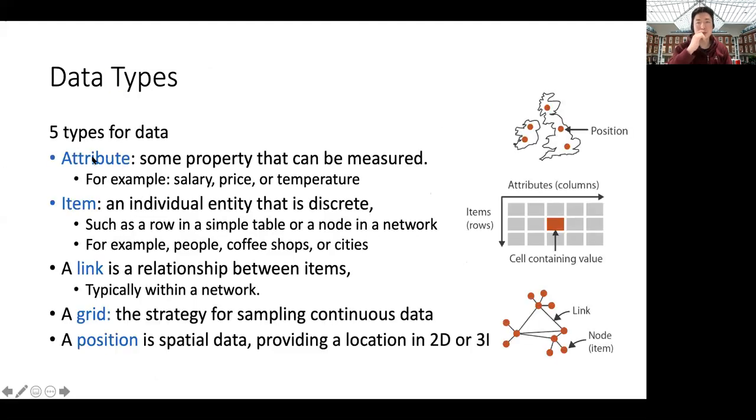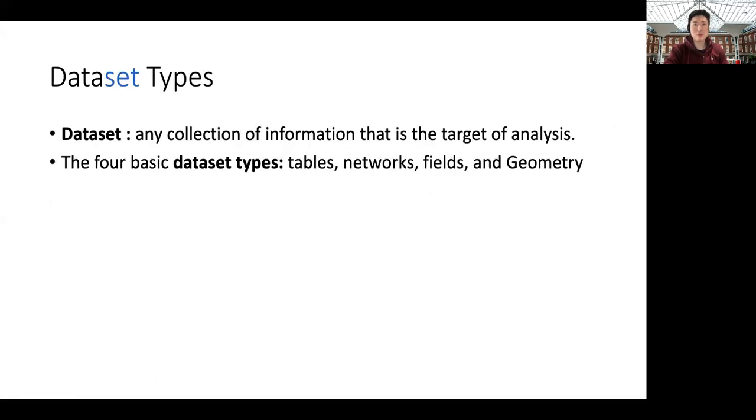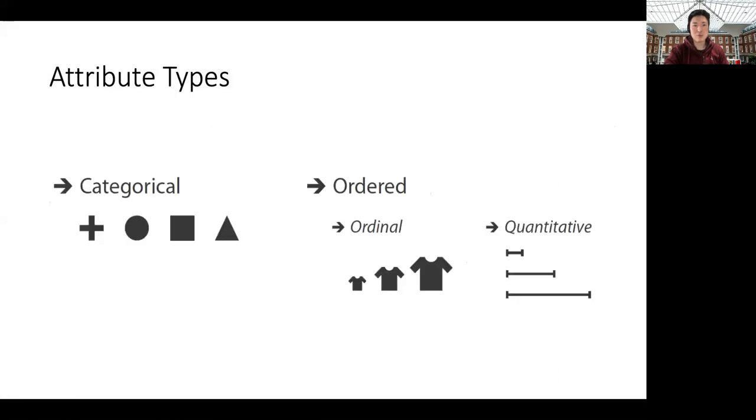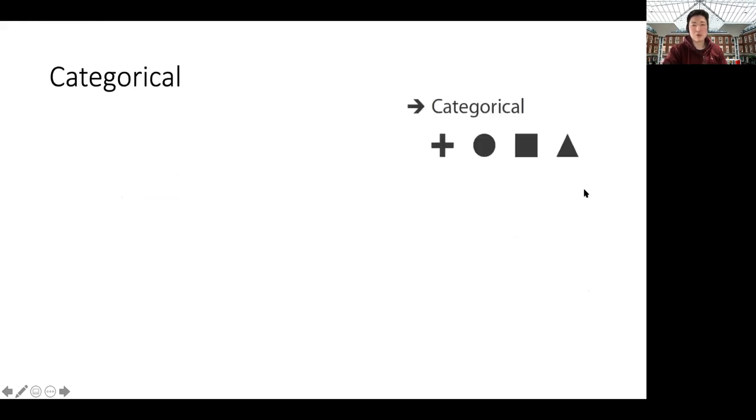Think of, say, the price of a product or the name of a product. These are the attributes. And attribute itself can have different types because it's very important. So it gets treated differently and you have different attribute types. The first one is called categorical. The second one is called ordered. And within ordered, you can further have ordinal and quantitative. Okay, so we're going to start with categorical.